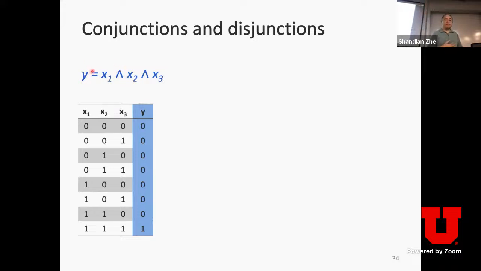I want to ask how this conjunction function is represented by a linear classifier. How can we construct a linear classifier which is equivalent to this conjunction function?